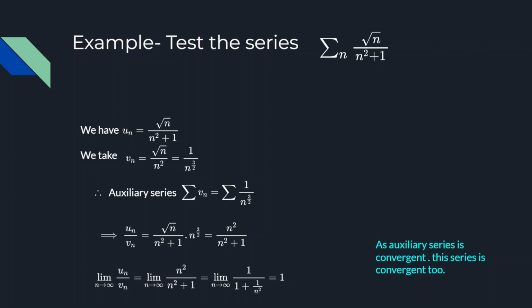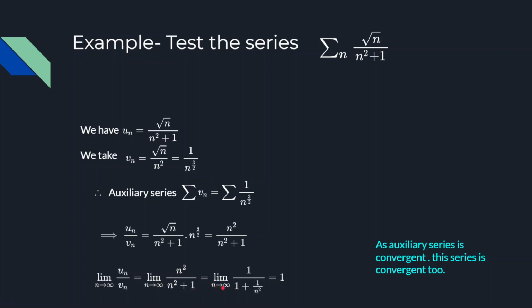We can prove it. Now, un by vn can be written as root n by n square plus 1 into n to the power 3 by 2, so it can be written as n square by n square plus 1. Now the limit as n tends to infinity of un by vn is equal to the limit of n square by n square plus 1.